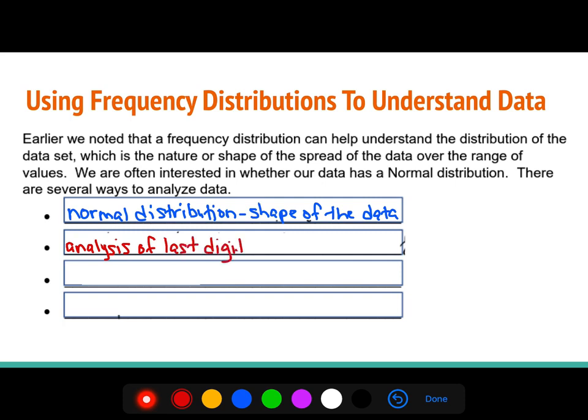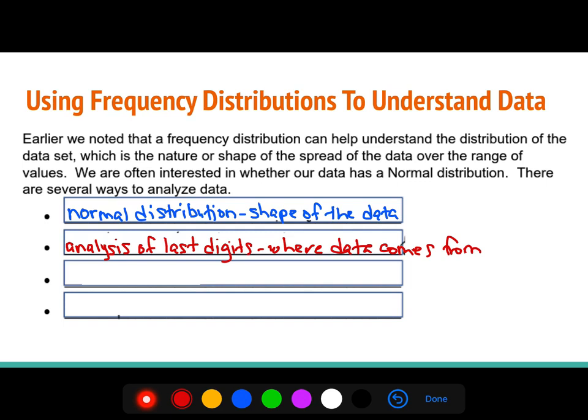We're also going to do this other one, which is an analysis of the last digits. This kind of lets us know when our data we get, if it's going to be recorded or measured.